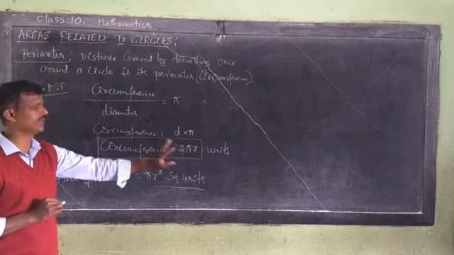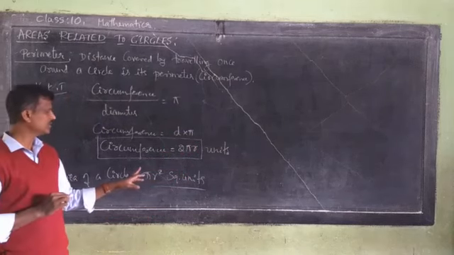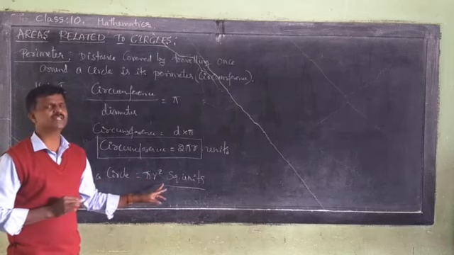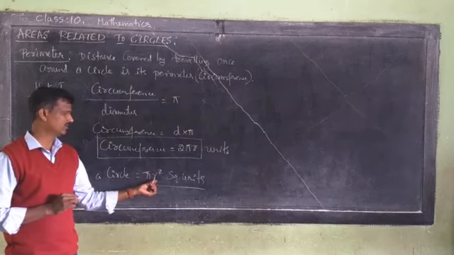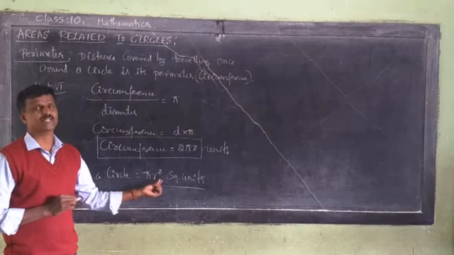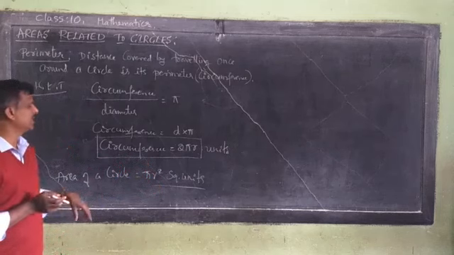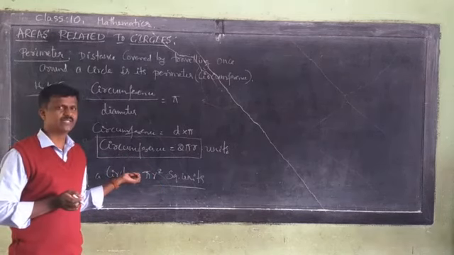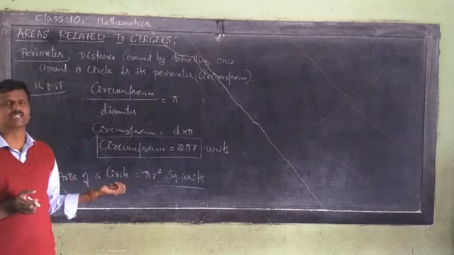You will write this as 2 pi r. What is the area of the circle? The area of the circle is given by pi r square, pi into the square of the radius. We consider the square of the radius and multiply it with pi to get the area of the circle.